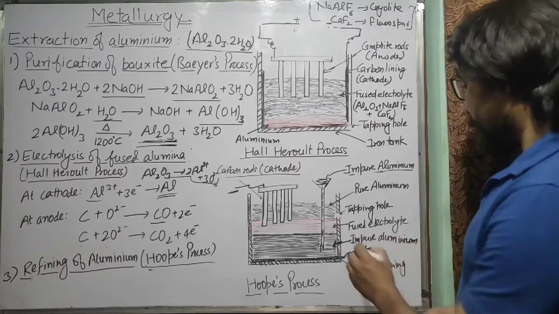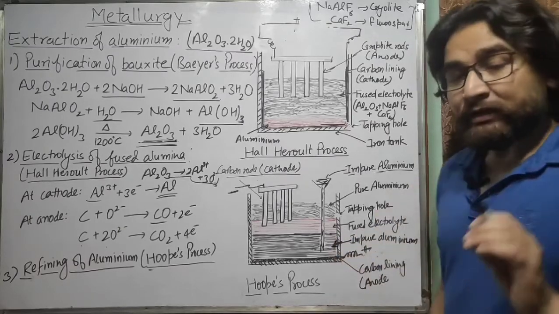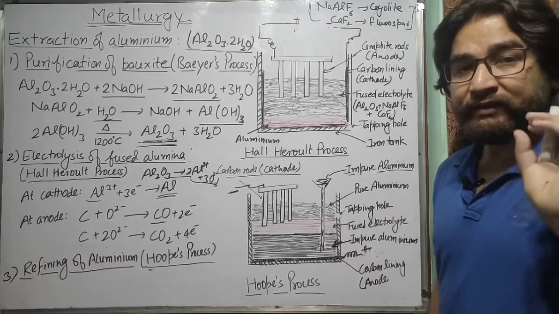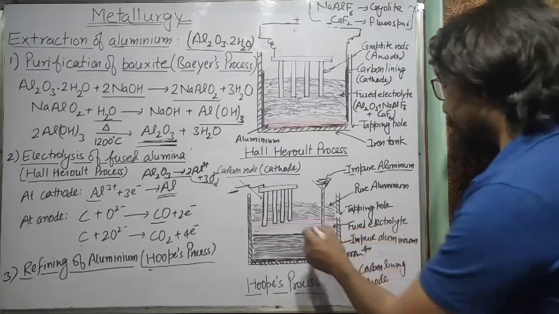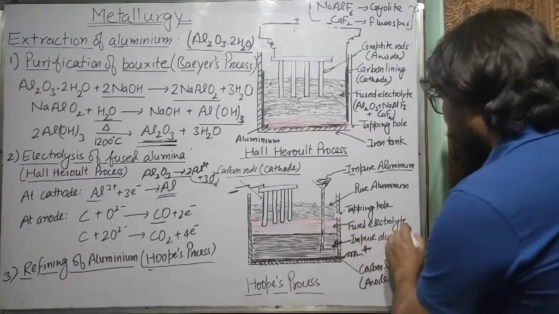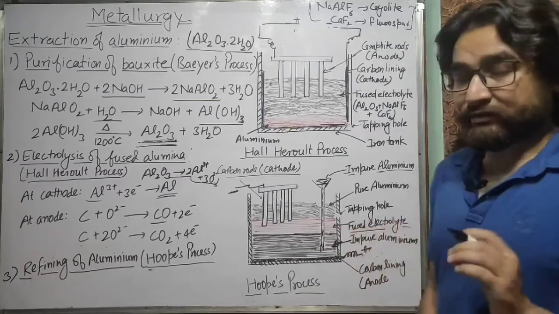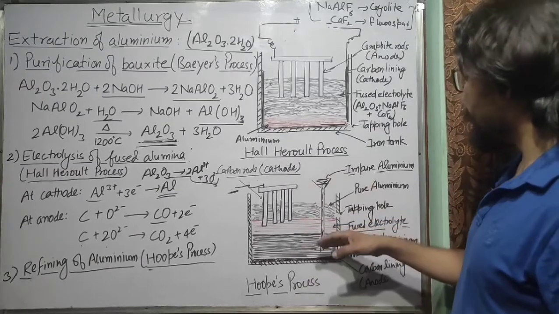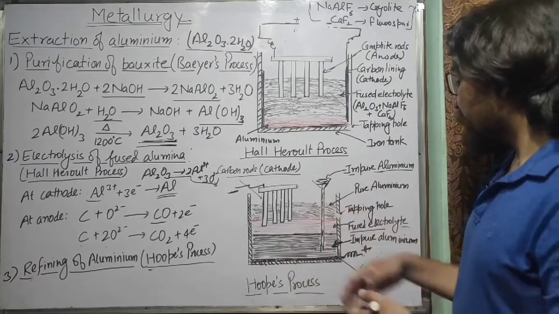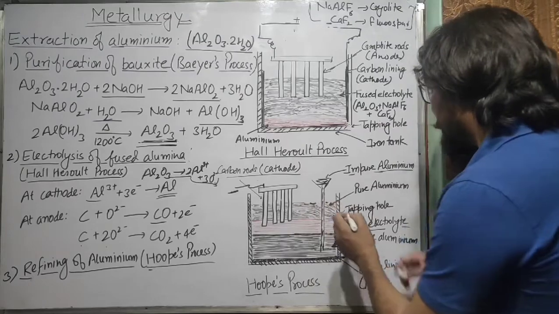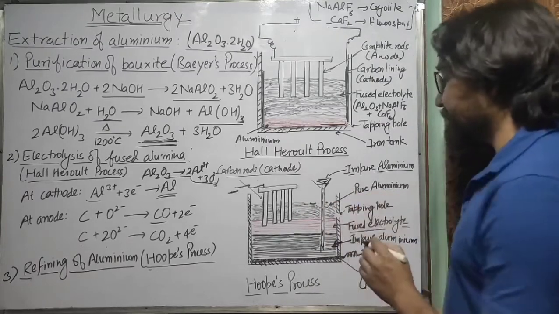Now there are basically three different layers. In the bottom layer we have impure aluminium. In the middle layer we have fused electrolytes. So fused electrolyte consists of fluorspar or cryolite, etc. And at the topmost layer you will get pure aluminium.